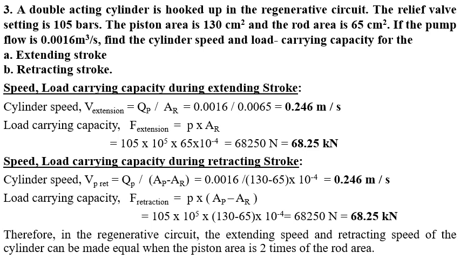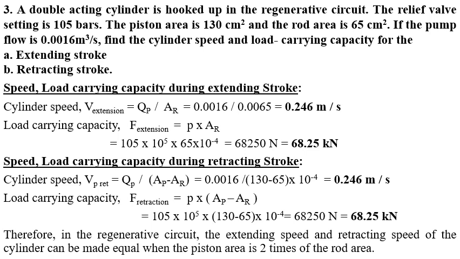Speed and load carrying capacity during extending stroke, that is V extension, equals pump flow rate divided by rod area, 0.0016 divided by 0.0065. Simplify it, we will get 0.246 meter per second. Load carrying capacity during extension stroke, F extension, equals pressure into rod area, that is 105 into 10 to the power of 5 into 65 into 10 to the power of minus 4.